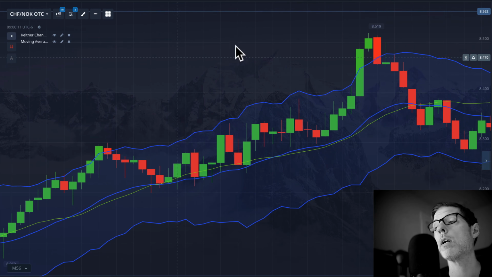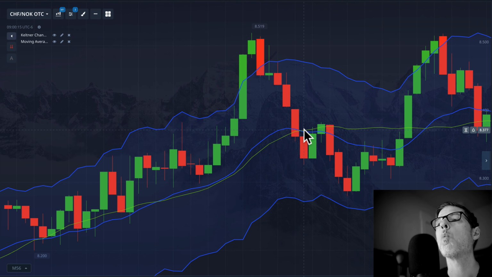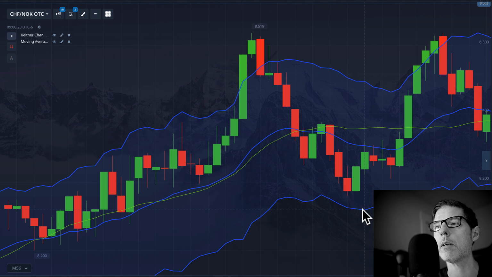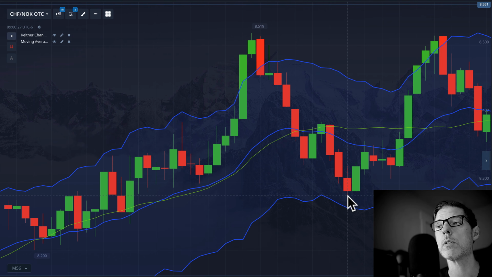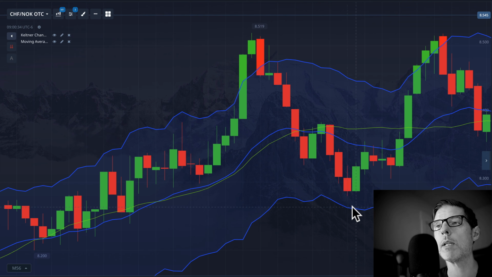If it breaks this middle line on the Keltner, once it gets close to the bottom line, or in this case, this is an uptrend, so the lower line on the Keltner, which is the outer line down here, if the price breaks through and gets close to this line, we could have another rejection off of this average inside of the Keltner. And that's really all this is, guys.